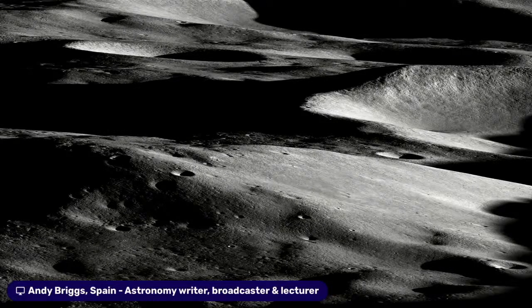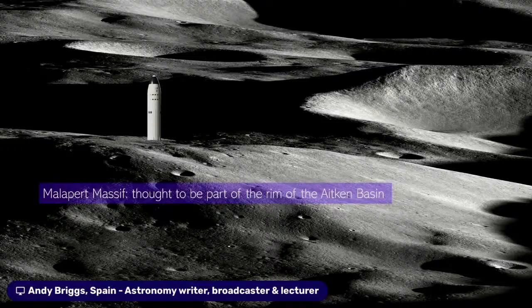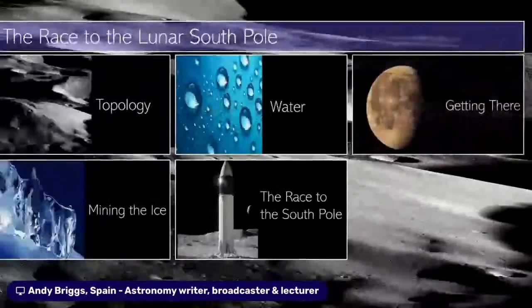So hopefully astronauts will descend on SpaceX's Lunar Starship towards the moon's south pole and land on this sort of mountainous region here, which is called Malapert Massif. It's thought to be actually part of the rim of the Aitken Basin, that massive impact crater basin that is mainly on the far side of the moon. But the Malapert Massif is thought to be part of it. And hopefully in 2025, this is where NASA will land.